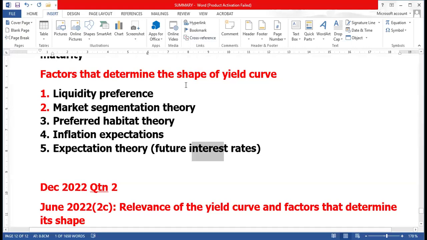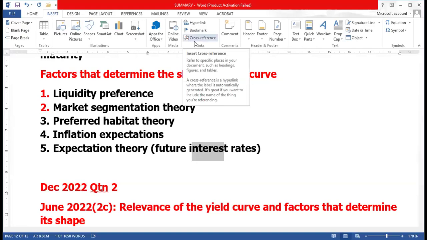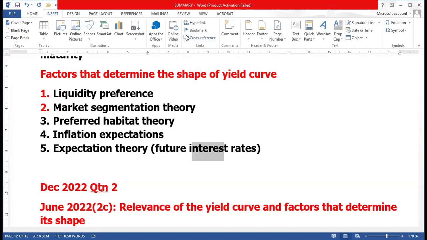So if, let's say, Bank of Uganda publishes the central bank interest rate at this level, highly likely you'll find that other institutions are charging at a higher rate.